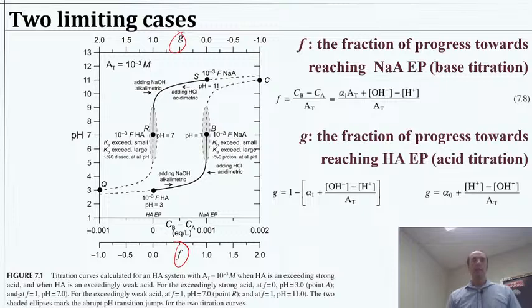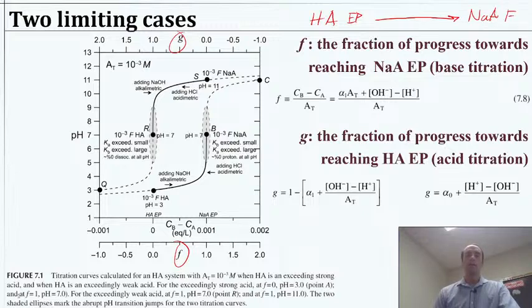So the F would be the fraction of progress towards reaching NaA. If we started almost like a race, we start at the HA equivalence point, and we're going on our way to the NaA equivalence point, which is a more basic condition, then halfway there should be F equals 0.5.